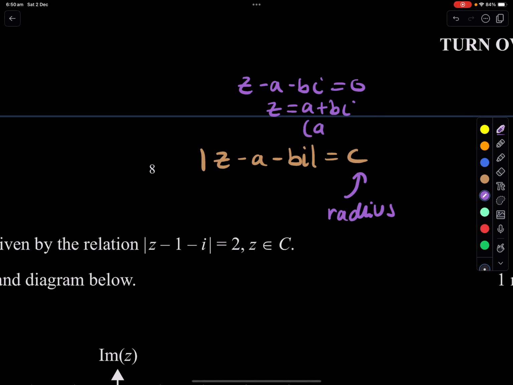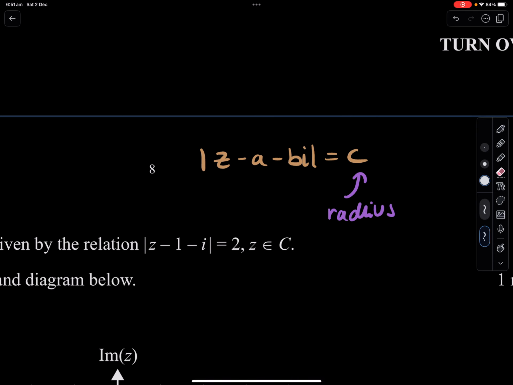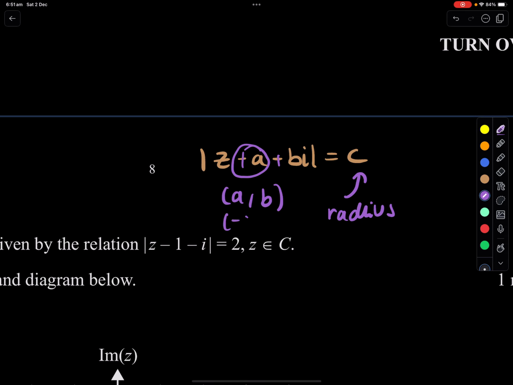So the coordinate (A, B) is the center of that circle. If this says negative A, make it a positive A. If this is negative B, make it a positive B. So that is your coordinate. If it was positive, this would be negative A, negative B.